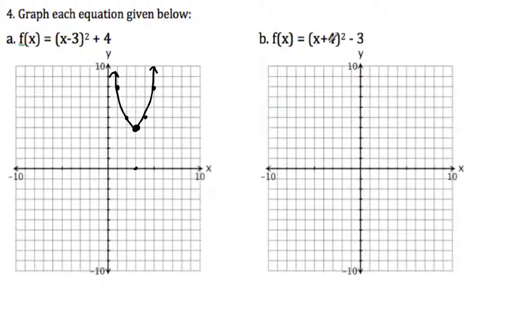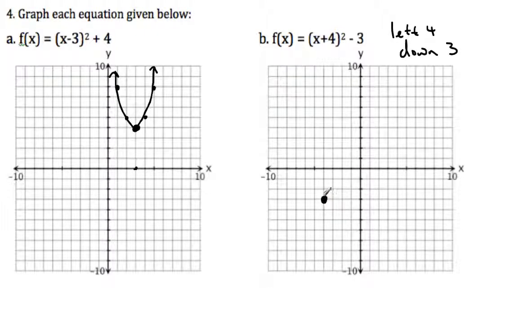Now on x plus 4 squared minus 3, remember, this shifts it left 4, and minus 3 goes down 3. Let's find out where that starts. Left 4, 1, 2, 3, 4, and then down 3, 1, 2, 3.